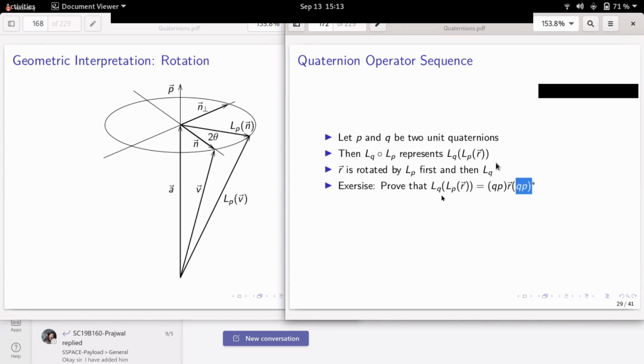If you expand what is given in the second bullet, you get P R P star. The second one, if you expand, you get Q P R P star multiplied by Q star. So it is P star Q star. And on the left hand side, you have QP and P star Q star. So in order to express it like this, you need an identity which equates (QP) whole star equals P star Q star.